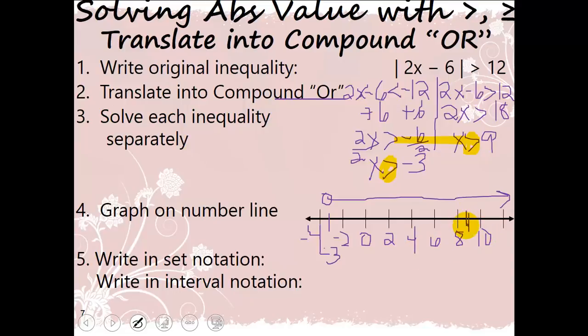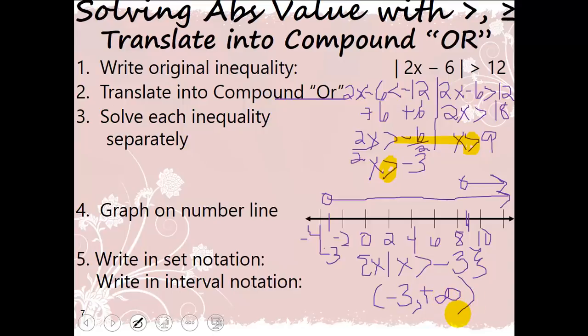Here's 9. It's going to be open and to the left. And when we had a compound or and they were both going in the same direction, remember what we did? We picked the longest line. So this is all x's such that x is greater than negative 3. And in interval notation, it's going to be parenthesis, negative 3, comma, positive infinity, parenthesis. That's going to cover it all.